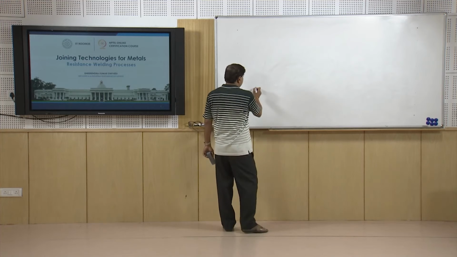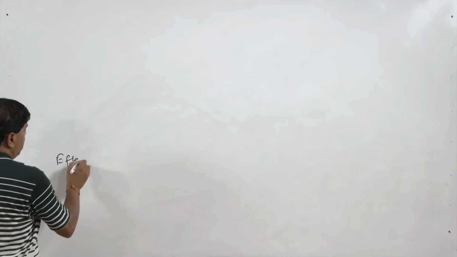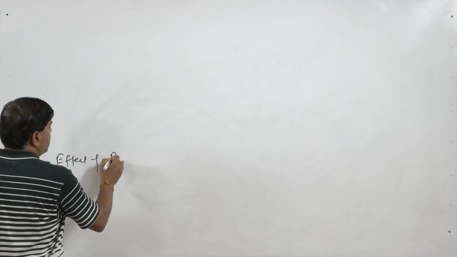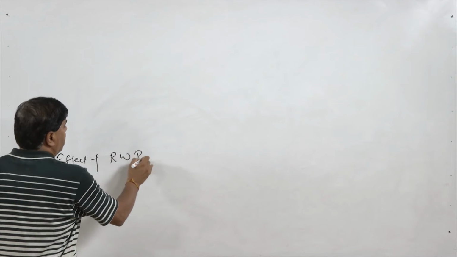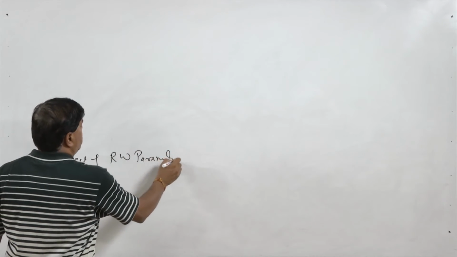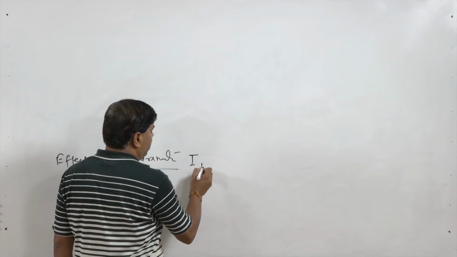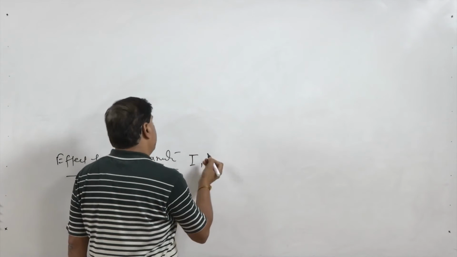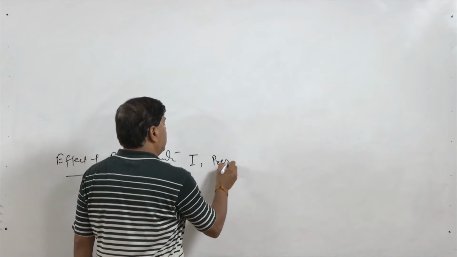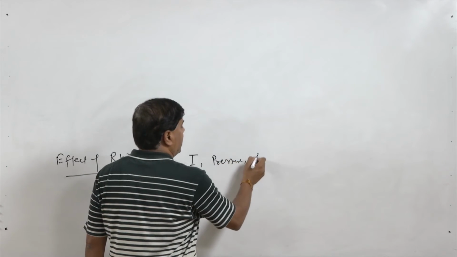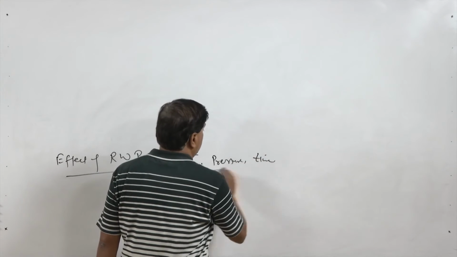Now, we will see the effect of the resistance welding parameters on the joint performance. There are three important parameters: current, pressure, and the time for which current is allowed to flow.